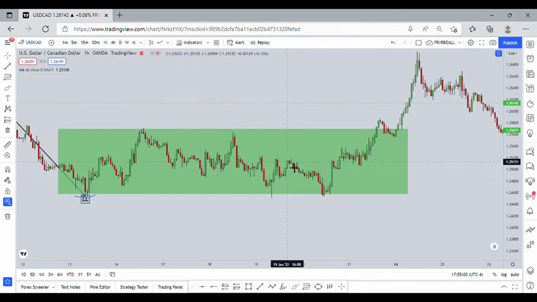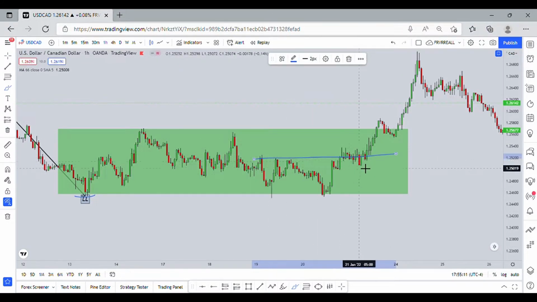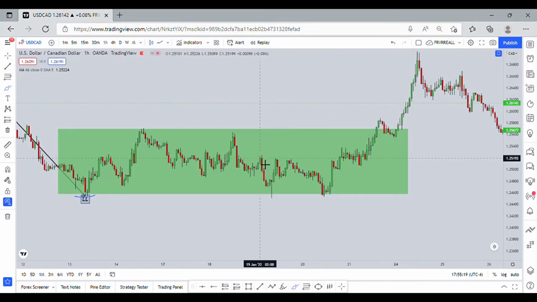Here there is a high, just a high in the middle of the range, right? But guess what? It gets broken over here, and price forms a higher high. When price forms a higher high, let me draw a better line.